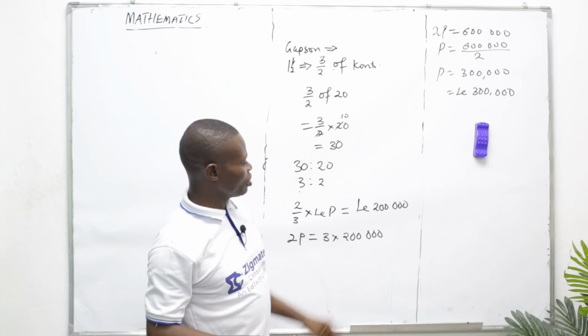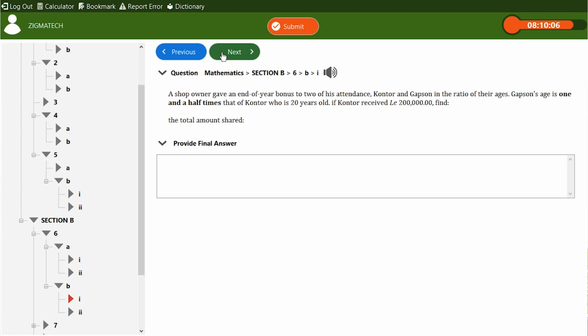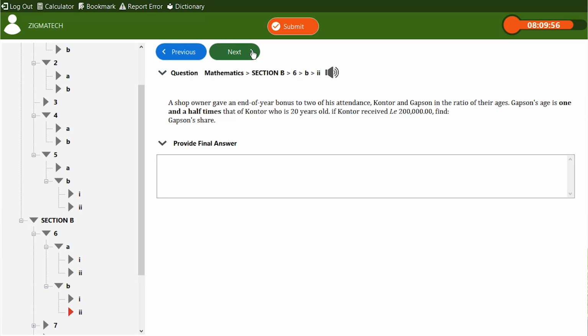So it is worth 300,000. Find Gobson's share. If you want to know his own share, you go through the question again. Gobson's age is 1.5 times this person's age.